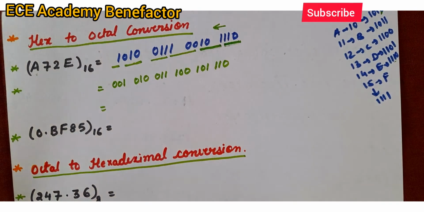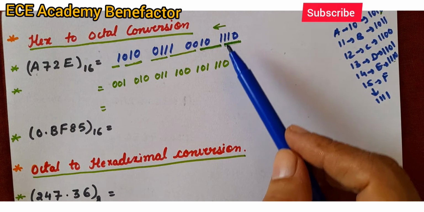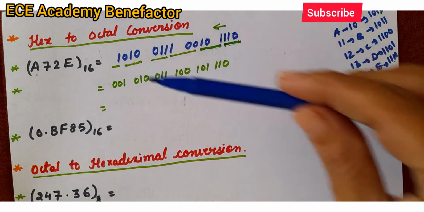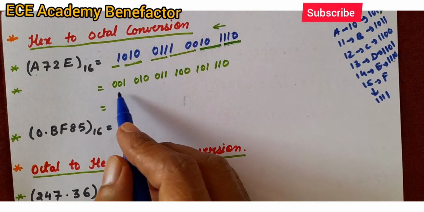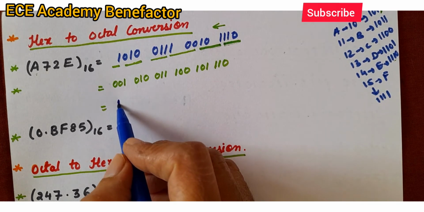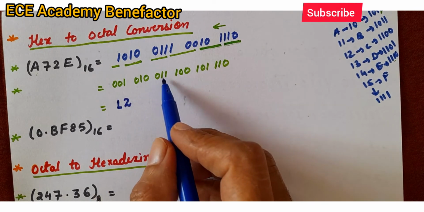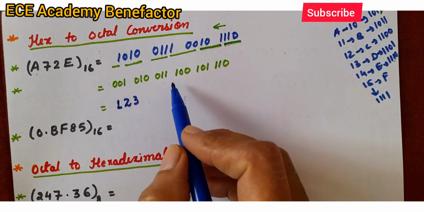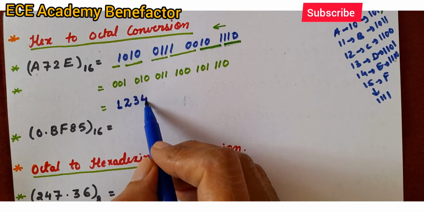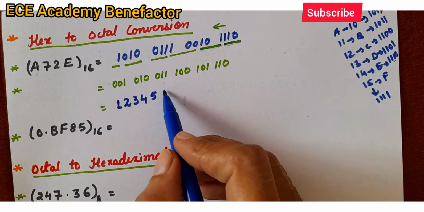So we have written the binary number and then grouped it in groups of 3 bits traversing in this direction. Okay. So now write its octal number. 001 is 1. 010 is 2. 011 is 3. 100 is 4. 101 is 5. 110 is 6.